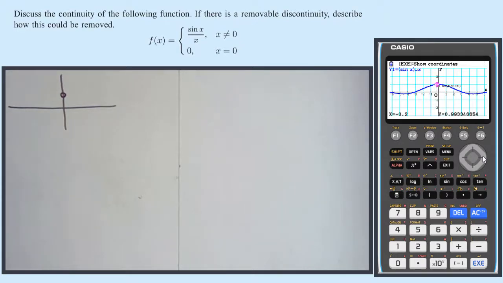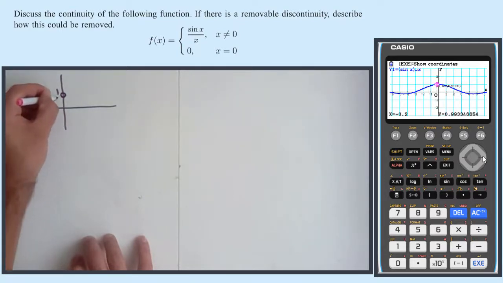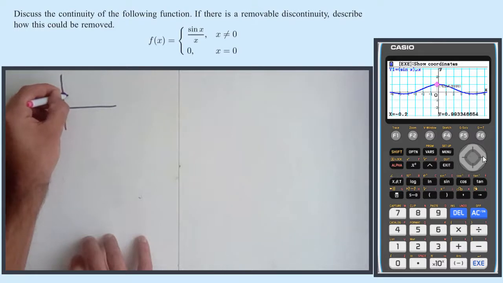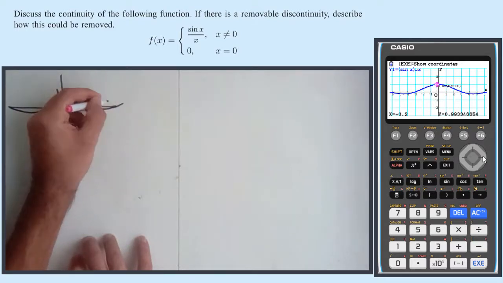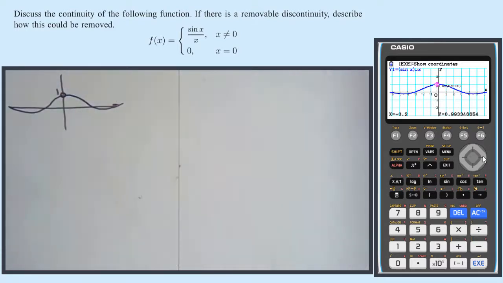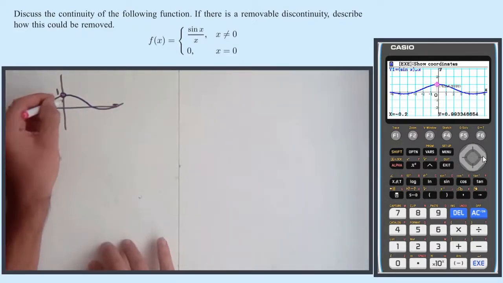We'll talk about the actual limit in a minute, but it's definitely not defined there, but I'm going to say that's 1, and then it looks like it sort of goes, we'll just draw the bit we want up to here, something like that. Down again, and then it's just going to keep being continuous for the rest of it. We're really interested in this bit here.